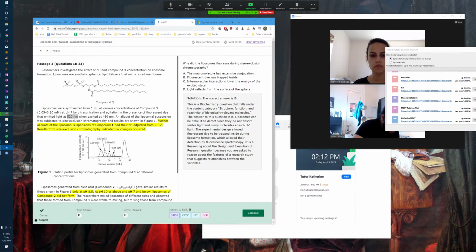When they just used compound 1 and didn't change the pH, they found that the concentration of compound 1 is inversely proportional to elution volume.